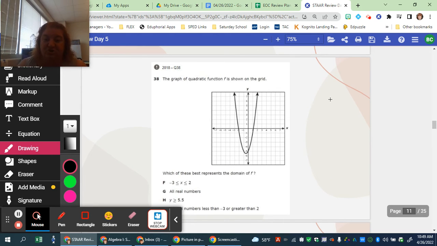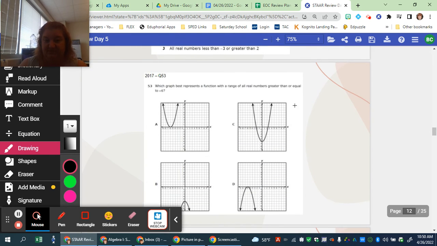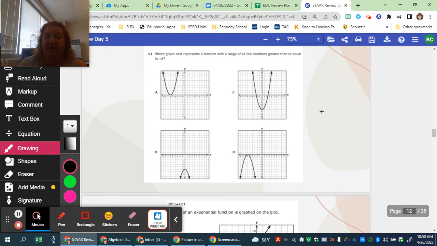Okay, so the domain of f, this goes on forever and ever and ever. So it goes to every number possible. It is all real numbers. What about this one? What is the range? Range greater or equal to -6. So here's our y. Our y is our range.